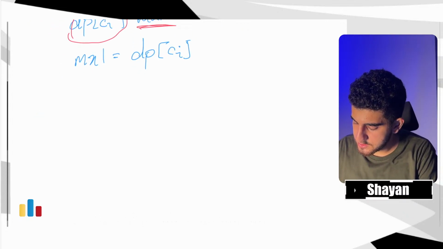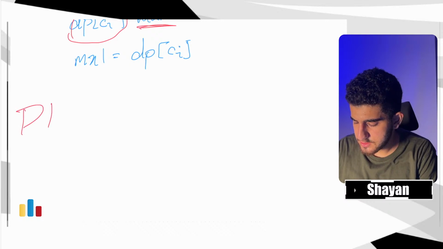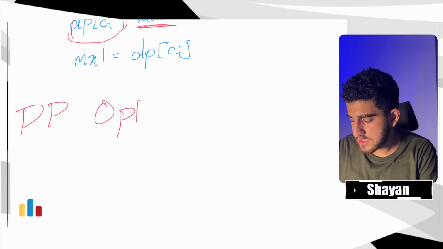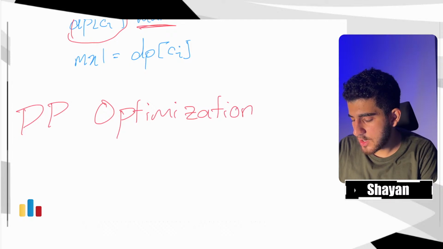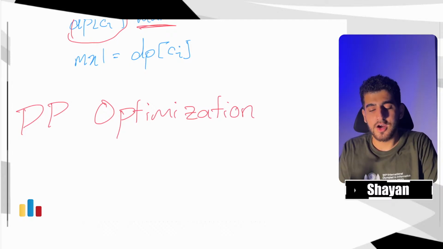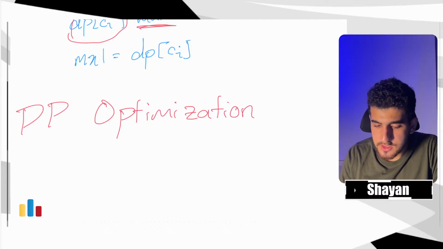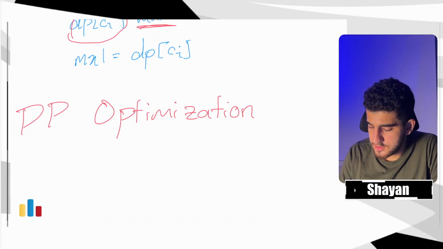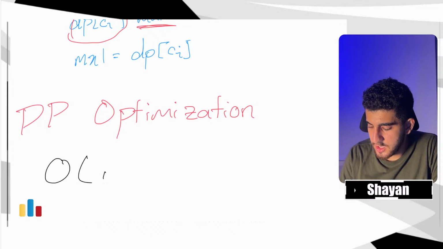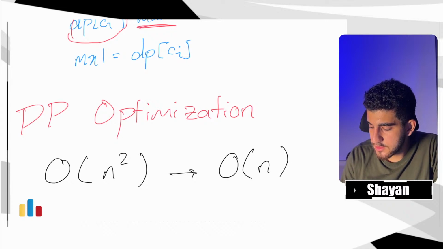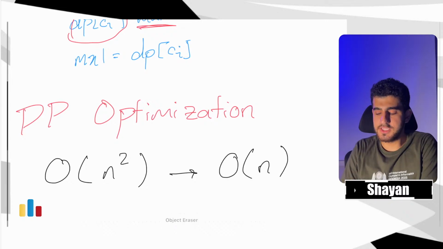So this is the idea that helps us to optimize our solution. We call this thing dp optimization, when we have an idea to optimize our dp and make our time complexity better. We can just say that O of n squared has turned into O of n for each query.